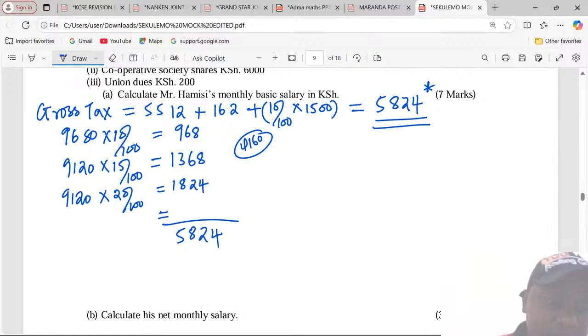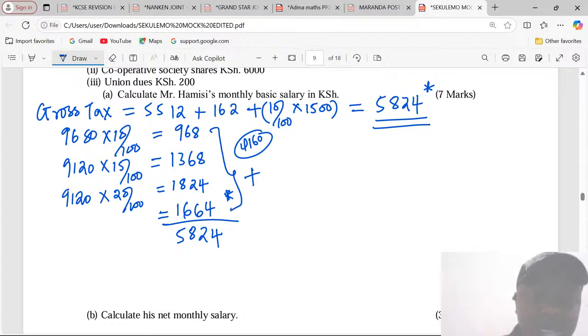So we need to take 5,824 and subtract 4,160, so that we know we are missing only 1,664. So we are missing 1,664, so that the summation of all the taxes becomes 5,824.